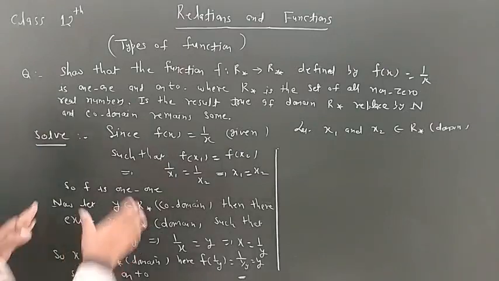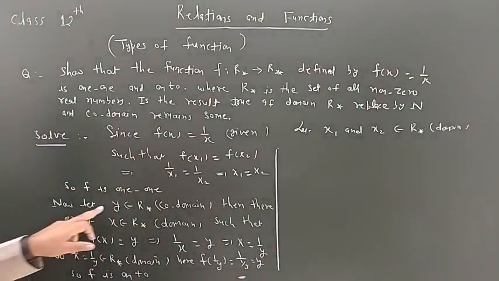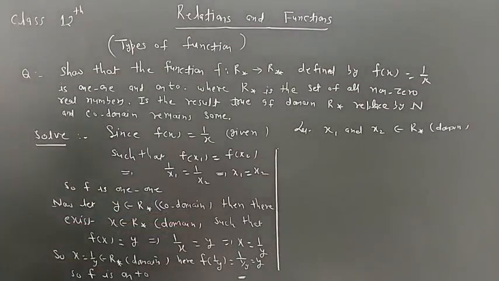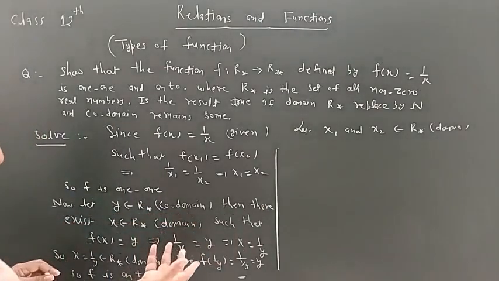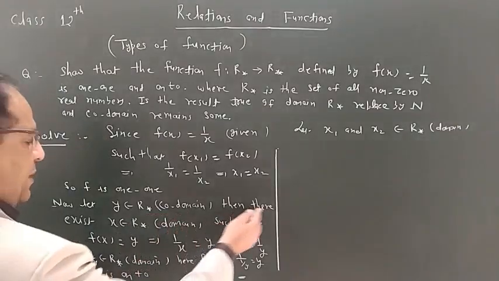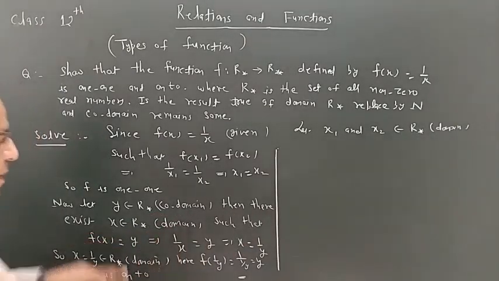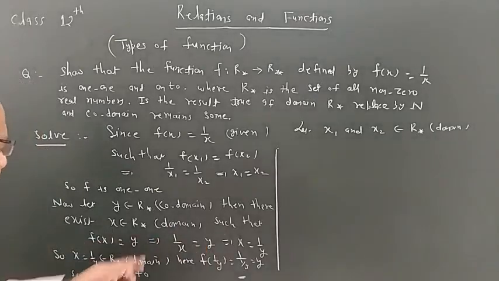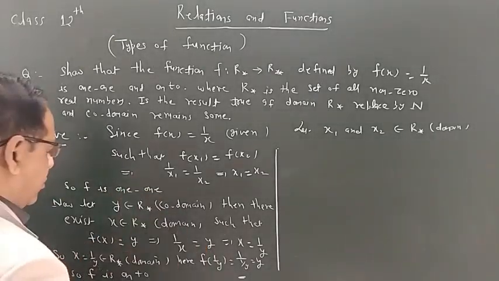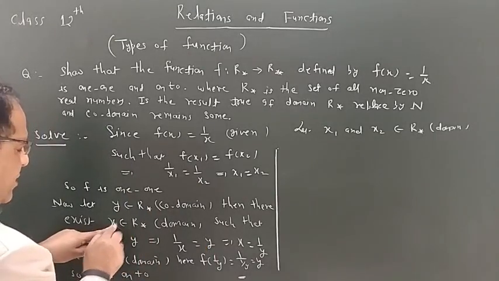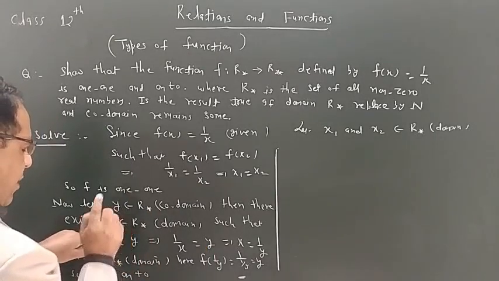Now for proving this function is onto, we take any arbitrary point y from the codomain. Then, according to the definition of an onto function, there exists a point x belongs to R star, this means domain, such that f(x) equal to y. If the function is onto, then there should be a point in the domain whose image is this point y.